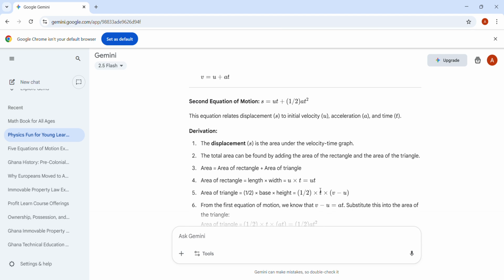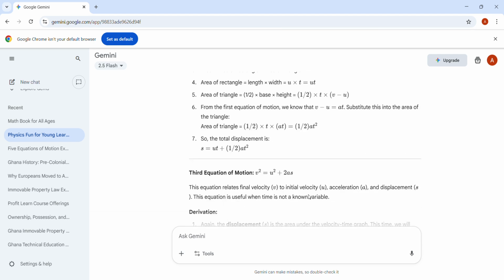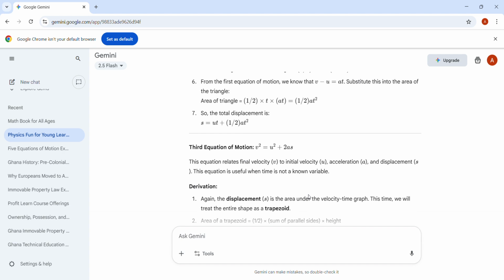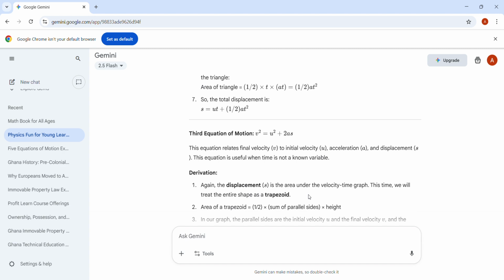This is using the graph method to derive it. But like I said, there are some other ways to derive it. You have displacement is equal to final velocity plus initial velocity divided by 2 times t. Now we already know acceleration is equal to v, final velocity, minus u over t.